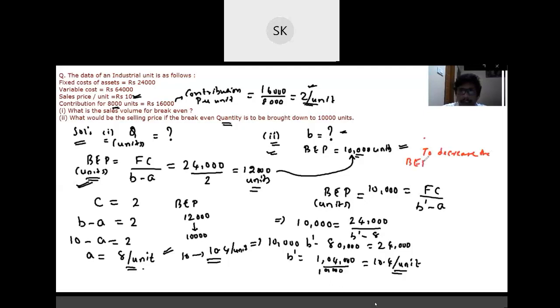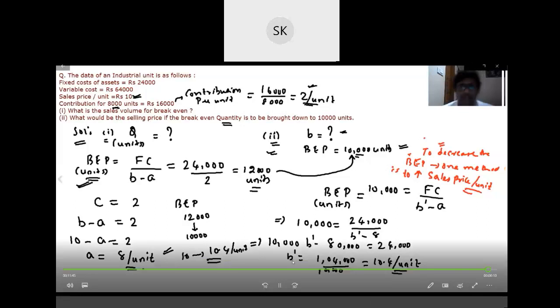So it is equal to fixed cost, which is the cost of infrastructural facilities, or the cost of input material or input labor, taken as 50,000, divided by contribution per unit. It is given by selling price per unit small b minus variable cost per unit small a.